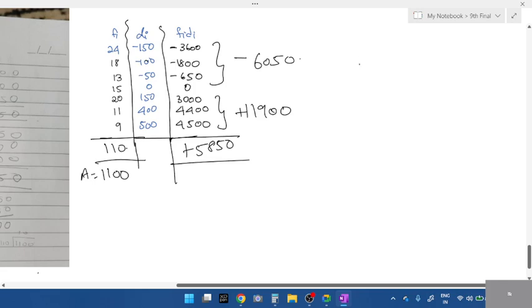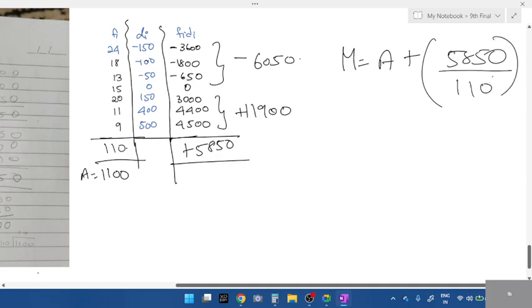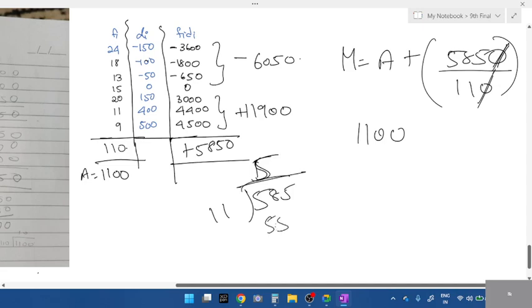Okay, what is the mean value, students? Mean is equal to A plus, in brackets, summation of Fi di divided by summation of Fi. 5,850 divided by 110. 0 and 0 get cancelled. A value is this. Now let me take 585 and 11, students. How many times does it go? 11 fives are 55.